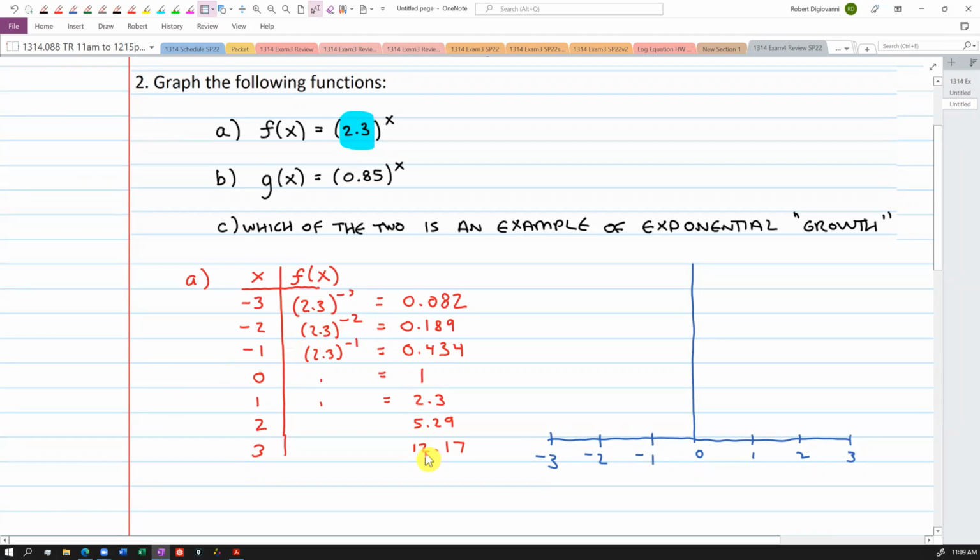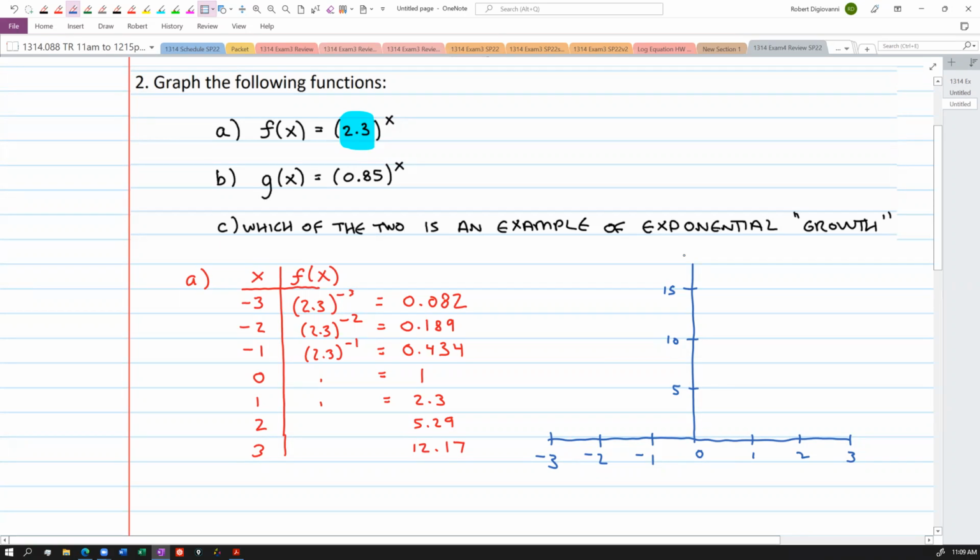And the biggest number we see here is 12.17. So I want to make sure my graph goes up 12. So maybe I'll count by 5s here, 5, 10, 15, however you want to do it. Just make sure that you don't start with 1, 2, and then way up off your page, run out of room.